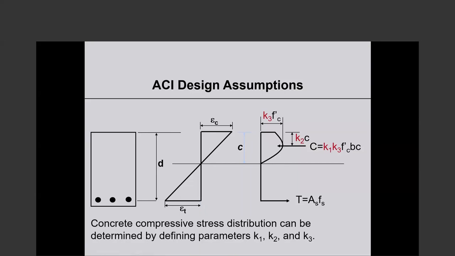That multiplied by a number smaller than 1 would be the equivalent uniform stress across the compression zone. Concrete compressive stress distribution can be determined by defining the 3 parameters k1, k2, k3.